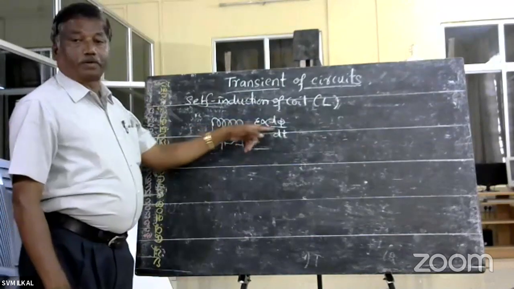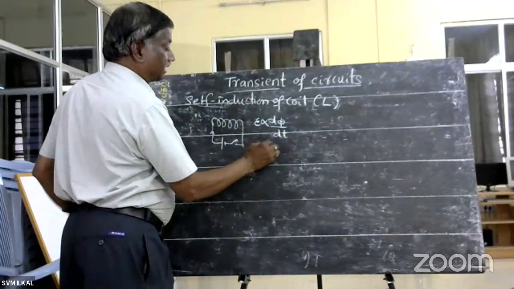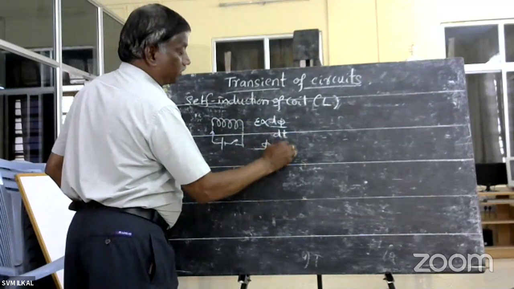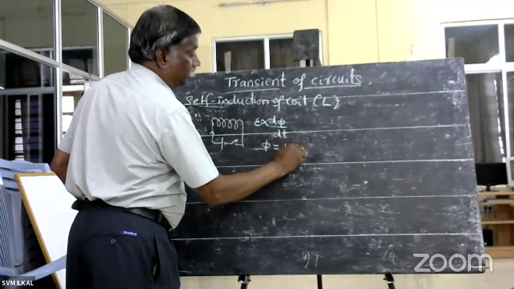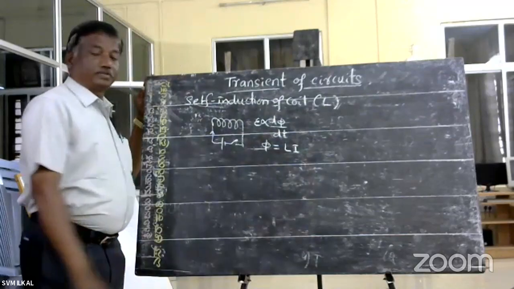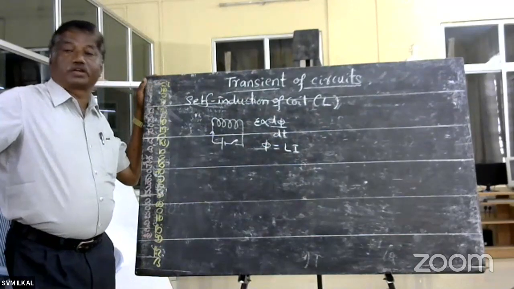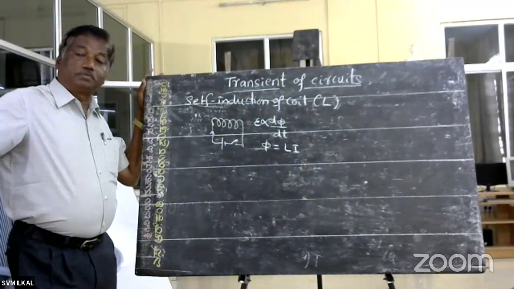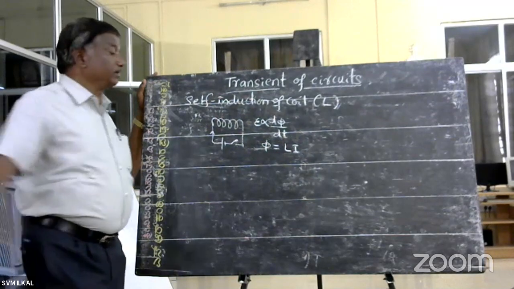epsilon is equal to minus d phi by dt, phi is the magnetic flux. That magnetic flux is equal to L into I. L is the coefficient of self-induction of the coil. I is the current through the coil.